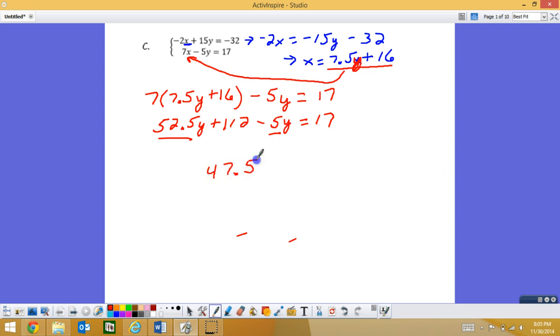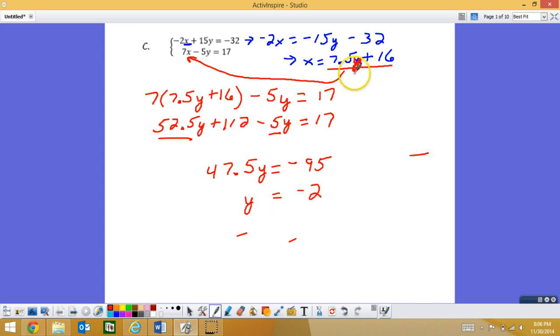So then solving for y, I would combine the like terms here to get 47.5y equals, and then when I subtract the 112 from the 17, I get negative 95. So then when I divide by 47.5, I get y is equal to -2.